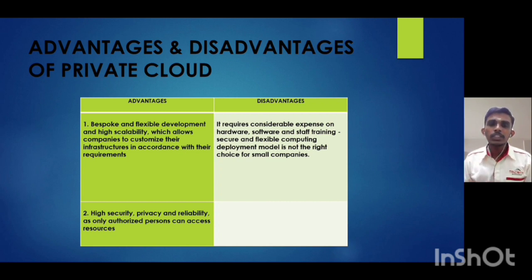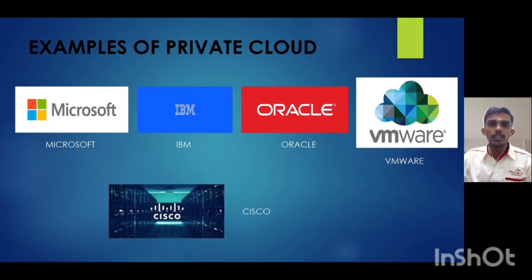The disadvantages of private cloud are that it requires a considerable expense on hardware, software, and also staff training. A secure and flexible computing deployment model is not the right choice for small companies. Examples of private cloud include Microsoft, IBM, Oracle, VMware, and also Cisco.